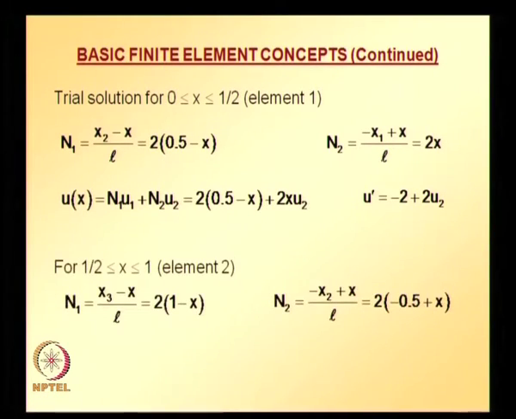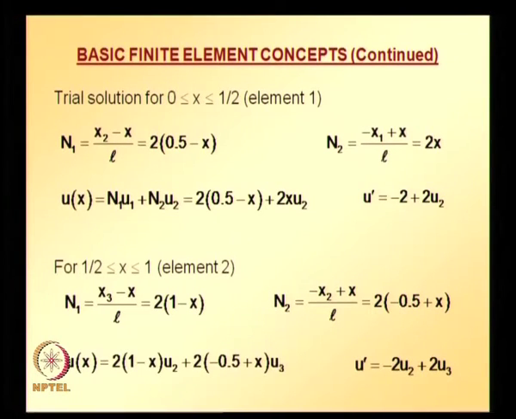And now the trial solution for element 2. For element 2, local node 1 coincides with global node 2, and local node 2 coincides with global node 3. So, the shape functions for element 2 at local node 1 and local node 2 are given here, and here both u2 and u3, the nodal values at node 2 and node 3, are unknown.